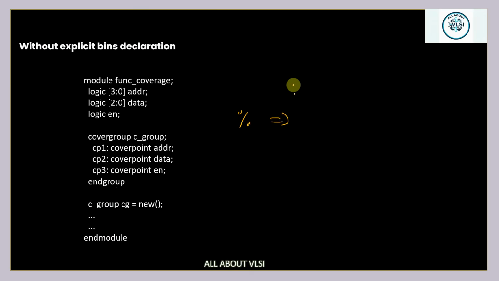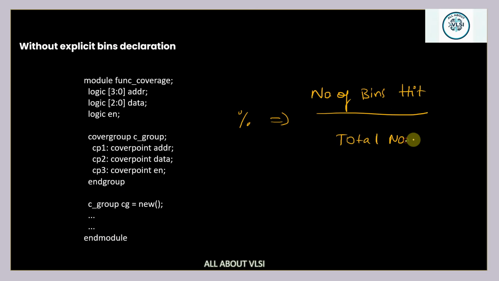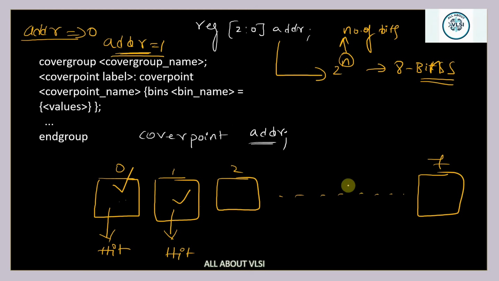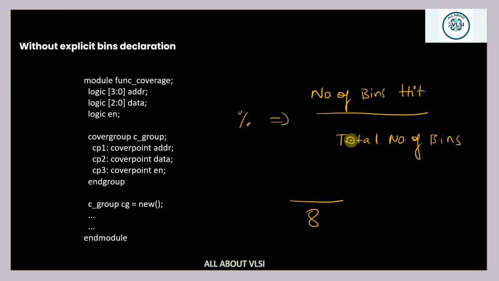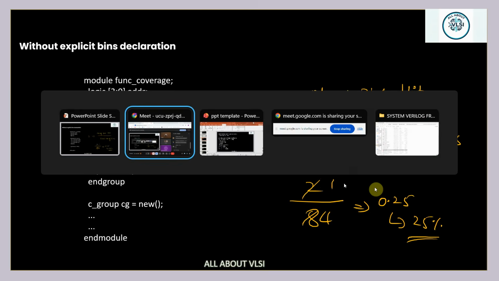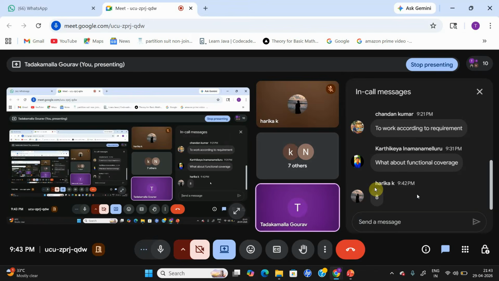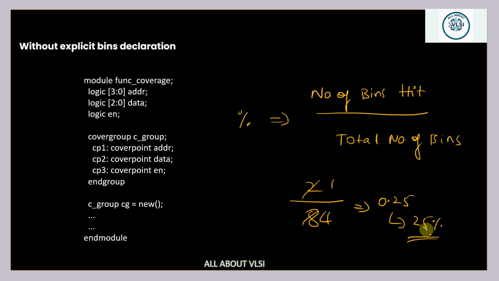The percentage of coverage is the number of bins hit divided by the total number of bins. The total number of bins is 8 and the number of bins hit is 2. So 2 by 8 is 1 by 4, which is 0.25, and if we convert it into percentage, it is 25 percent. So you're going to have 25 percent coverage.